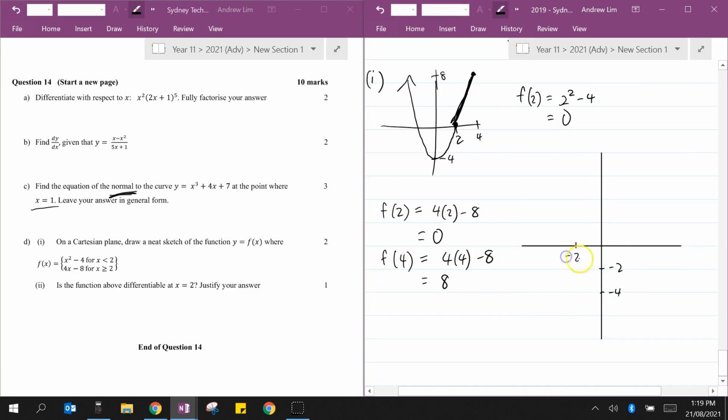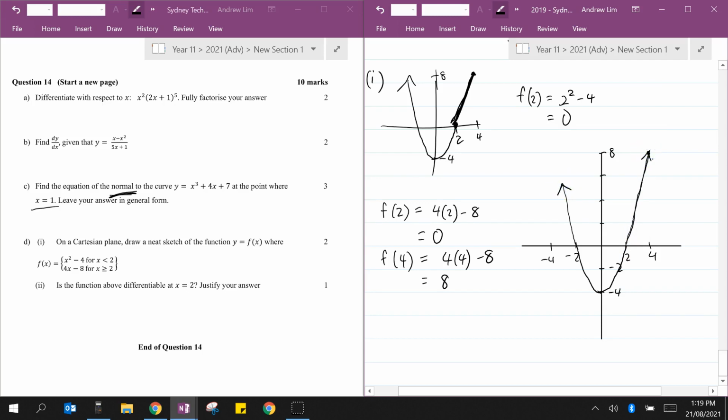Say that one's minus 2, minus 4, 2, and 4. Two, 4, 6, and 8. That's a straight line.